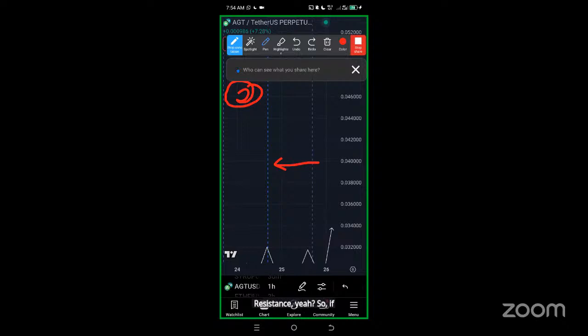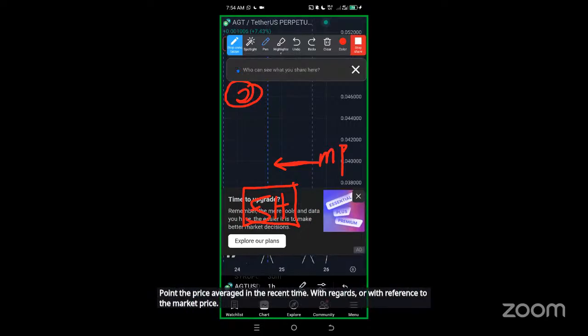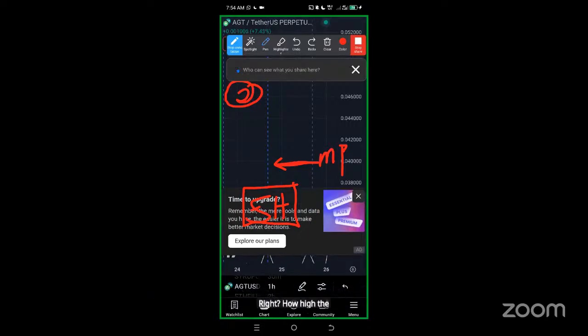So if you have your market price here, for you to draw your first resistance line, you need to locate the most recent swing high, or the highest point the price ever reached in the recent time with reference to the market price, right? How high the market price rose in the most recent time before getting to your current price.